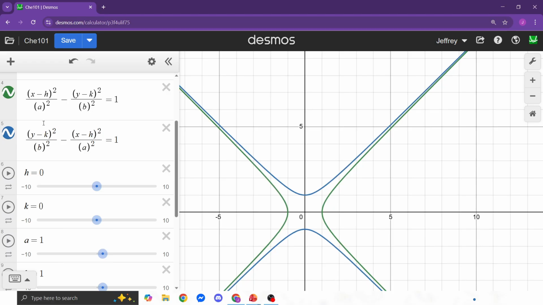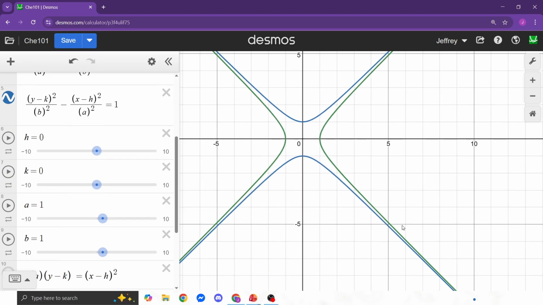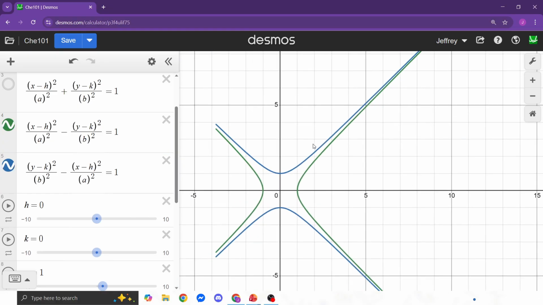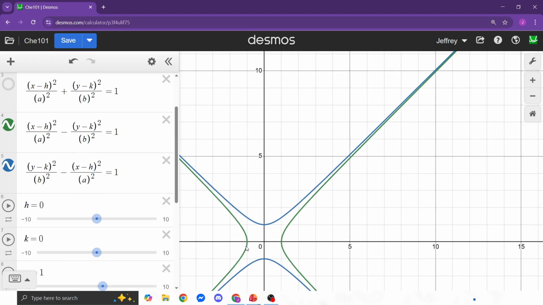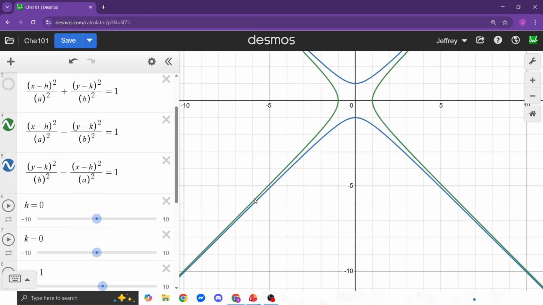If you just invert it, since they're the same values, those are the asymptotes that they're looking for. It is so close to the lines that they will never meet. They'll never hit the line.